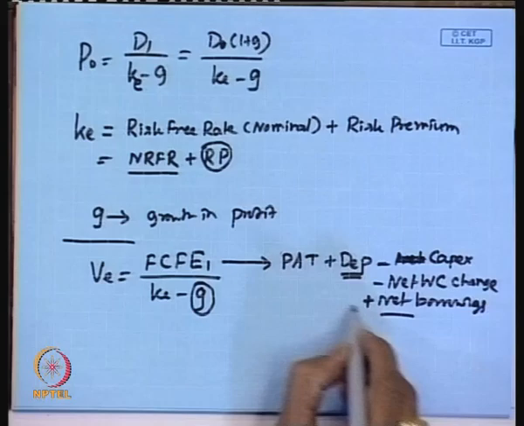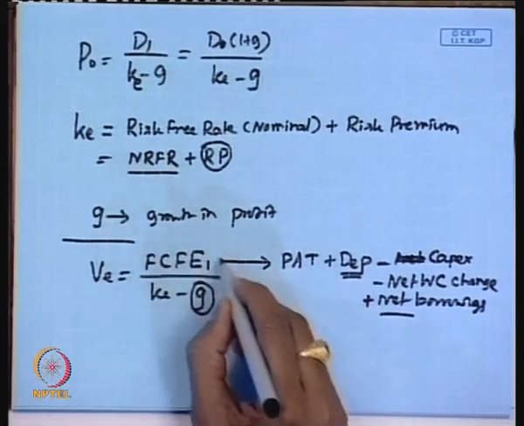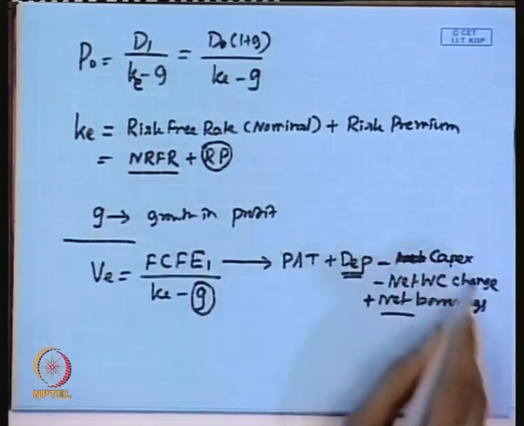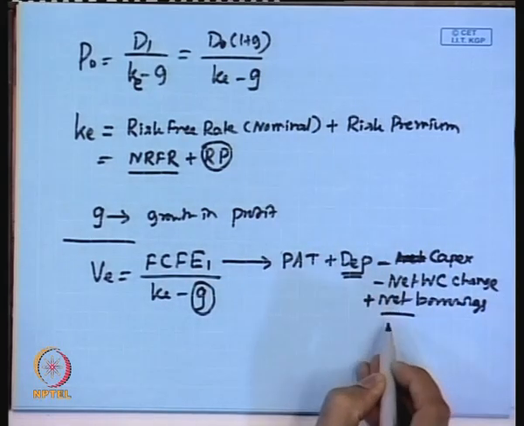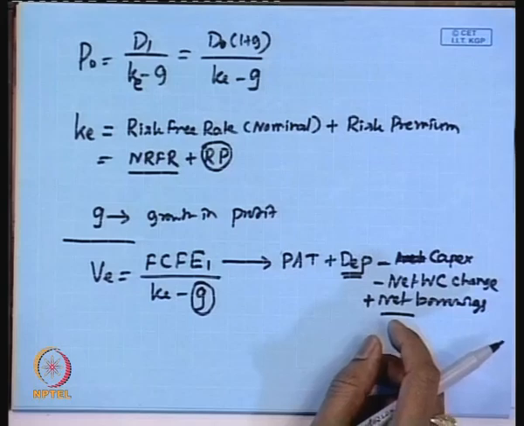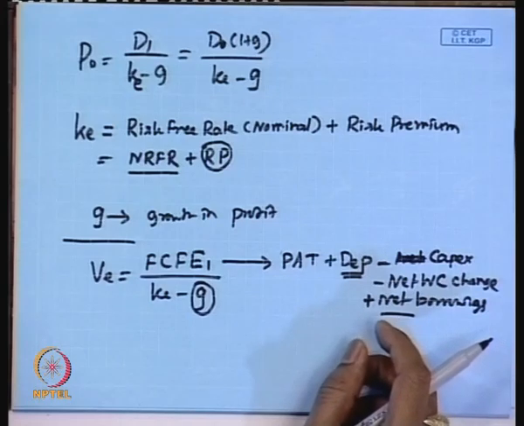All those things that we are talking about, the factors that affect the variables of the free cash flow to equity, are in turn affected by certain conditions related to the company and the overall economy, reflecting the international economy. For instance, if there is an export oriented unit and exports are going to be more or less because of economic conditions elsewhere, then that is going to affect the revenue and the profit after tax.